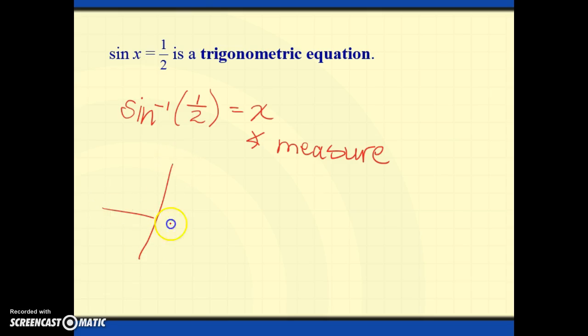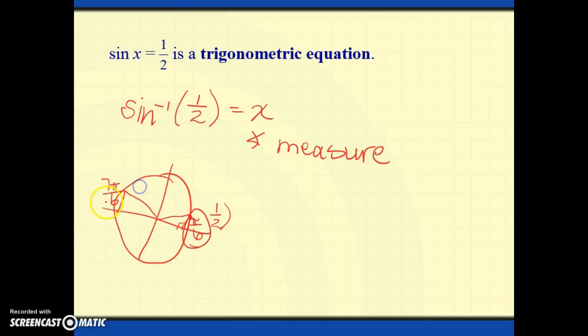And so we go back to the unit circle, we draw our circle, and we look for values where the y value of the coordinate of the point on the unit circle is 1/2. That happens here at pi over 6. It also happens here at 7 pi over 6. So we've been doing those for a while.